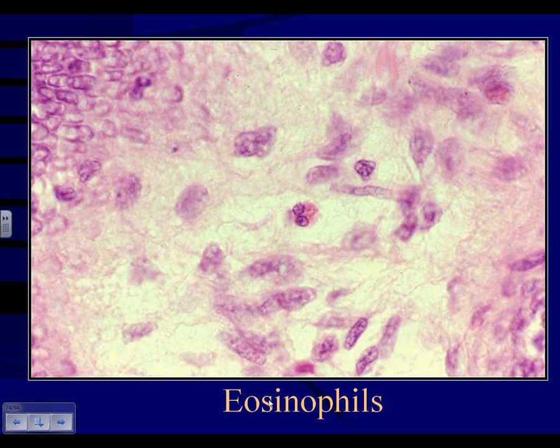So the name eosin actually comes from the goddess Eos, who was the goddess of the dawn, which is rosy colored. So knowing all of that, you can assume that eosinophils are going to be very pink and rosy, and they are. They are stuffed full of very red, pink granules, and they have typically a bilobed nucleus, so two lobes to the nucleus here.